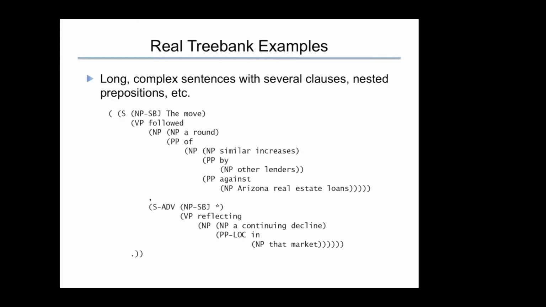One of the most popular data sets is called Penn Treebank. It's one of the first data sets that, number one, is big enough for any machine learning techniques to be used, even before the deep learning era.